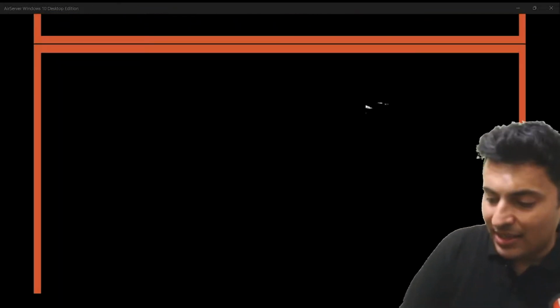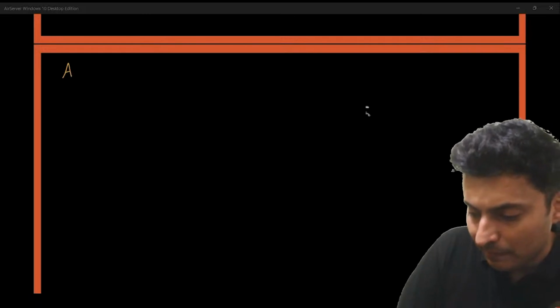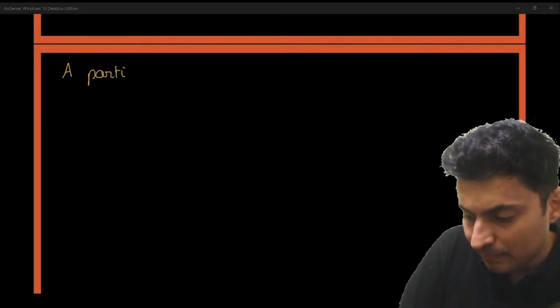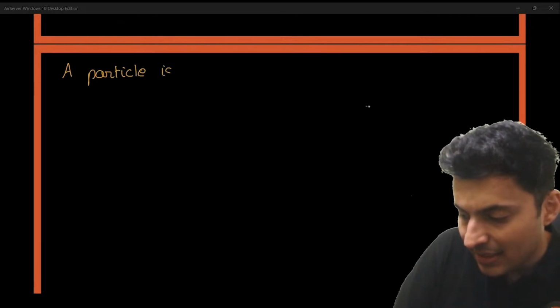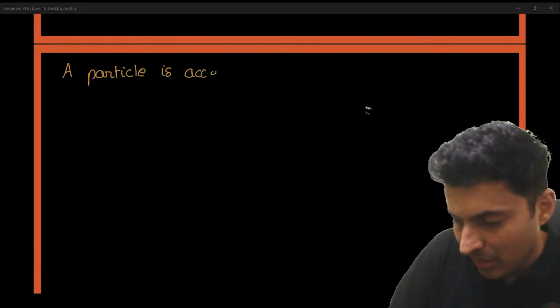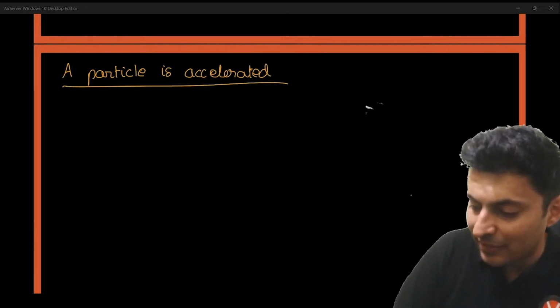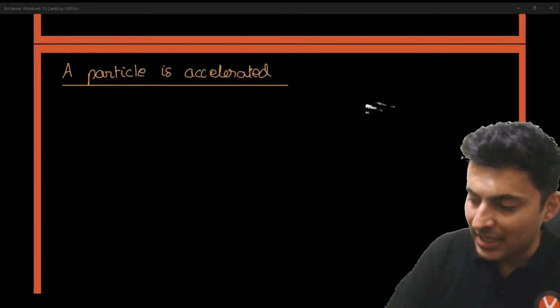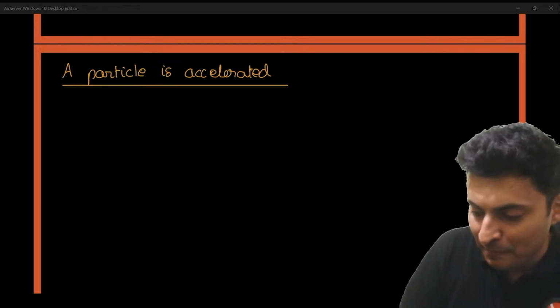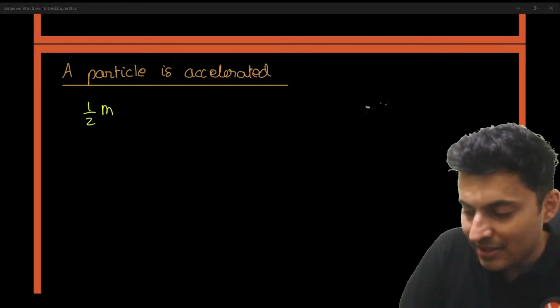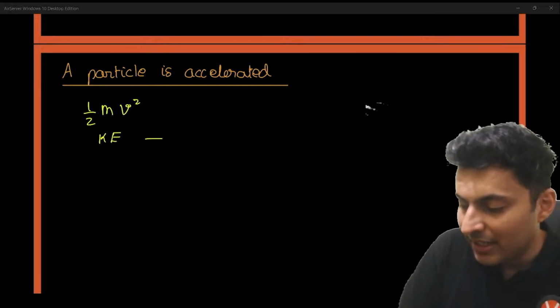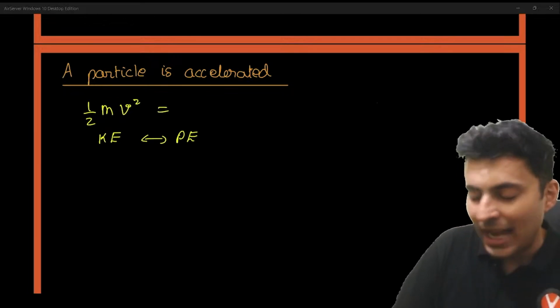You might also be asked that a particle is accelerated through some potential difference. In those cases, the kinetic energy, half mass into v square, will come from the potential energy due to the acceleration.